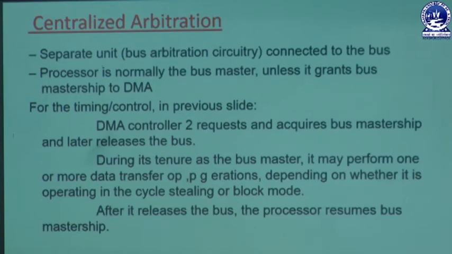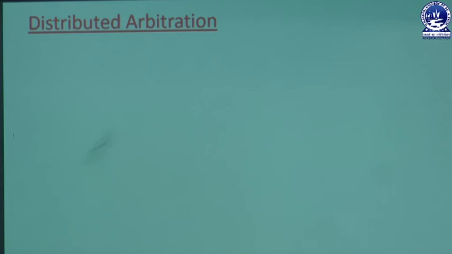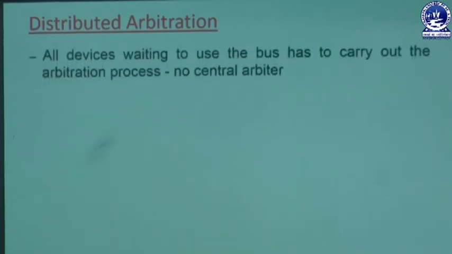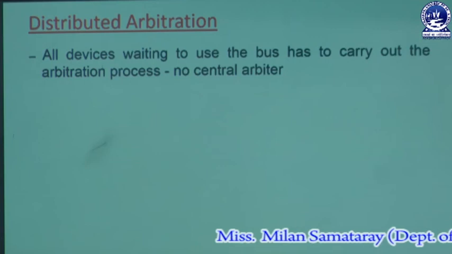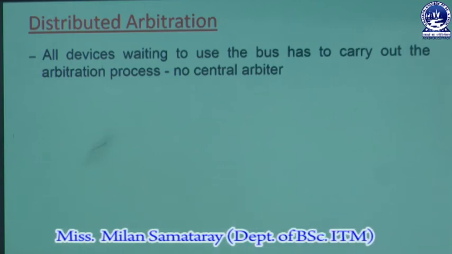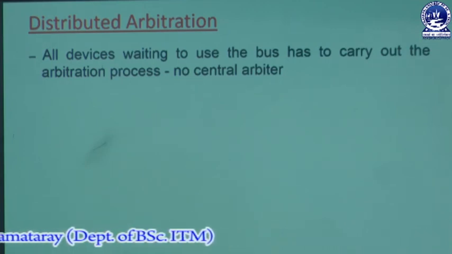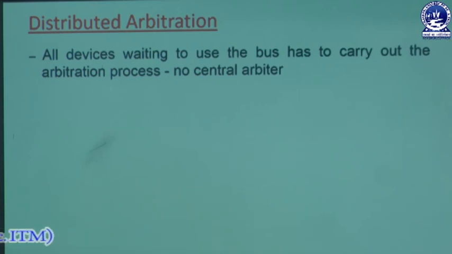And next one is distributed arbitration. So in the distributed arbitration technique, all devices waiting to use the bus have to carry out the arbitration process, with no central arbiter. In the centralized arbitration, there is one central circuit, but here in the distributed one, there is no central circuitry.